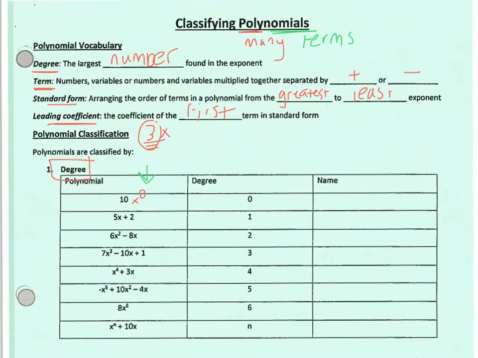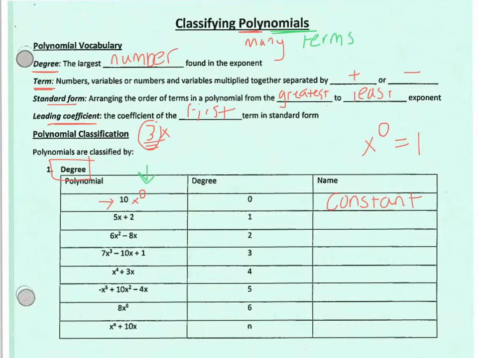You should remember last year that anything raised to the 0 power is 1. So if I have x to the 0, I really just have the number 1. So 10 is secretly multiplied by an x to the 0, which means that the largest exponent in that polynomial is 0. When the degree is 0, we name it a constant polynomial.